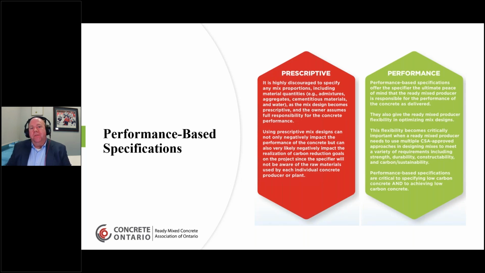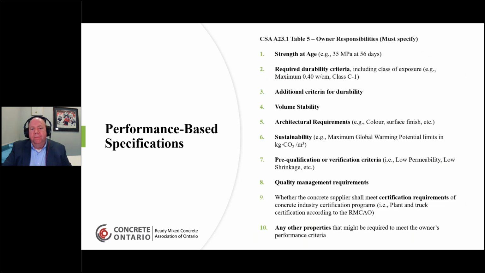Really what we have to try and do is go through the constructability requirements, the performance requirements, and the low carbon requirements. And the performance system is what gives us the ability to do that. And we're going to show that with an example. So if we jump back to the standard table, it's all identified in CSA with the exception of item number 6, which is the new sustainability requirement we put in.